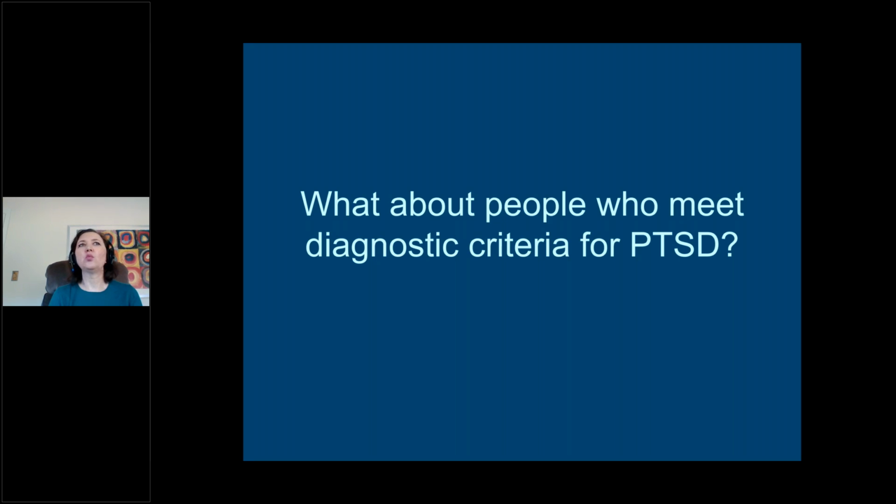And then we got to a point where we wanted to look at people that actually meet diagnostic criteria for PTSD. Because prior to this, we were using a self-report measure, and including people if they had at least a moderate symptom severity. And there was a wide range of people in all the studies, but there were certainly people that probably met criteria and certainly people that probably did not.